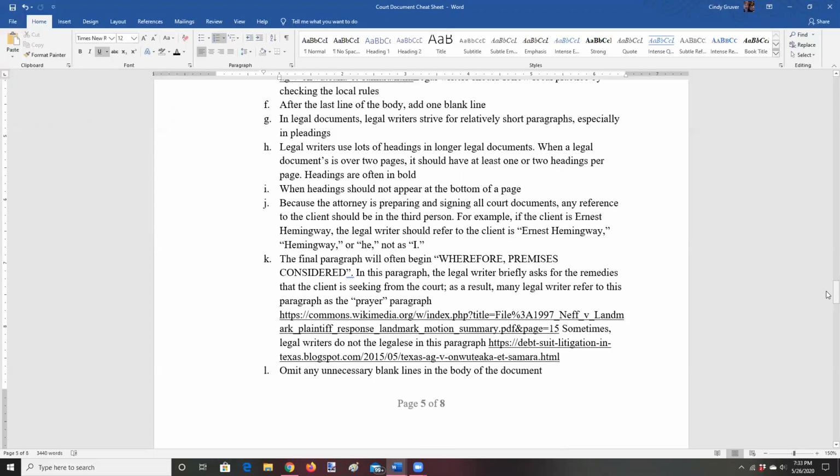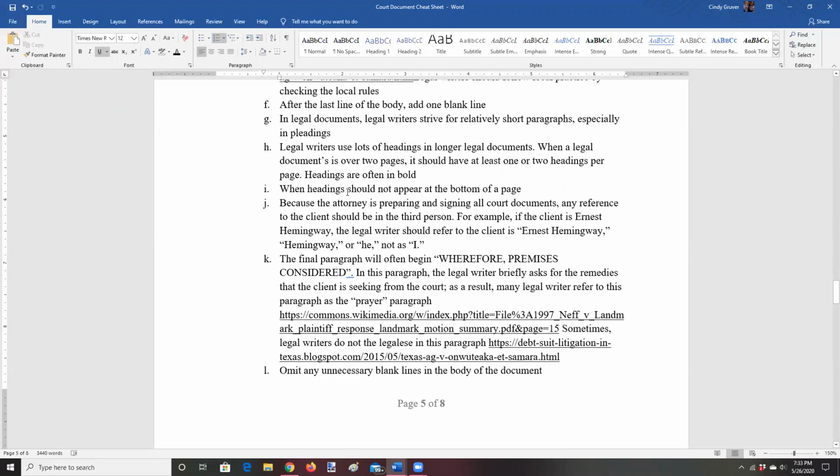And you're not going to have a heading for every single paragraph, but there will be many paragraphs where there is just one paragraph under that particular heading. One thing you don't want to do is break up or separate the heading from what goes after it.